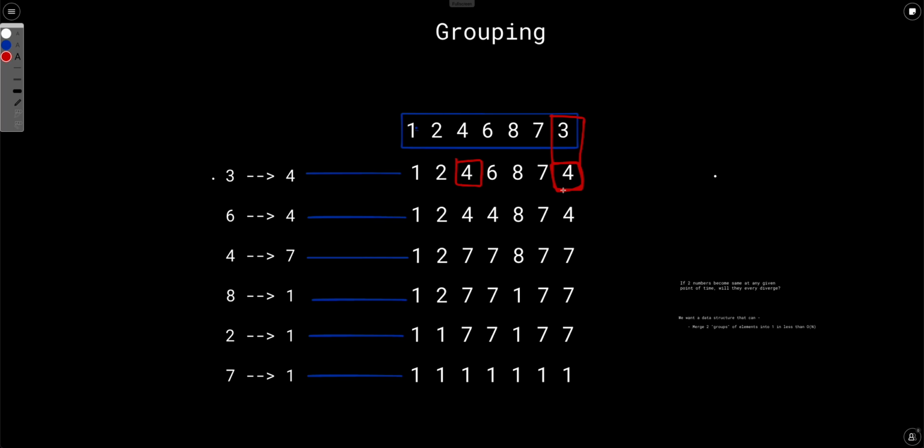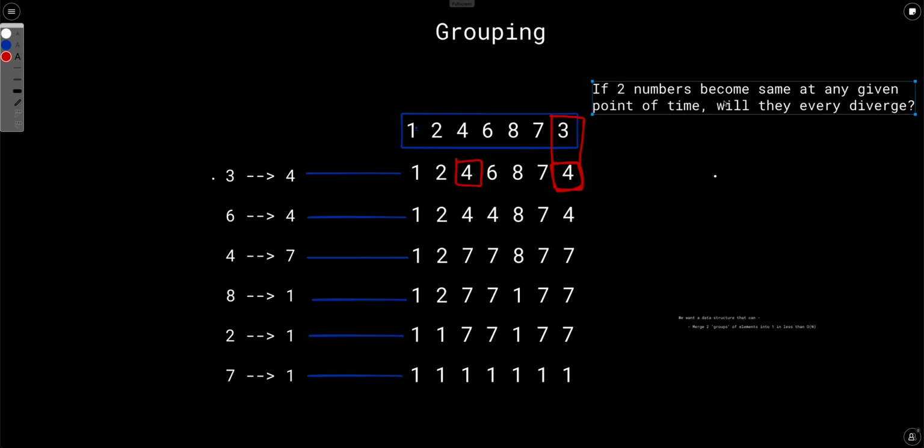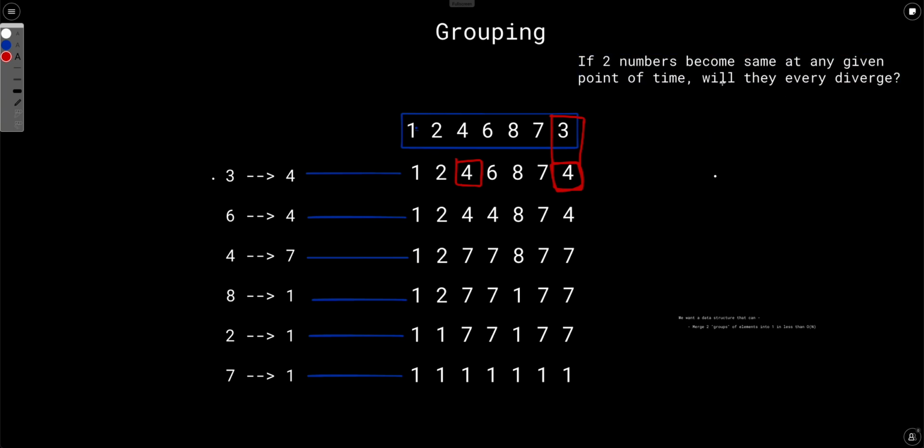So if you are changing something to something else that actually exists in the array, you are forming a group, and further you are saying that this group will not be broken anymore. So if two numbers become the same at any given point of time, they will never diverge.